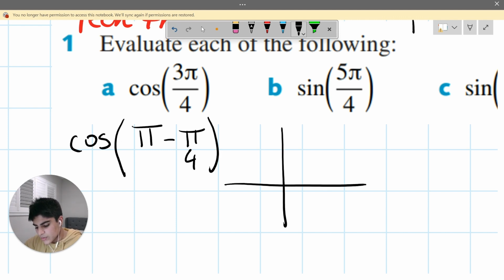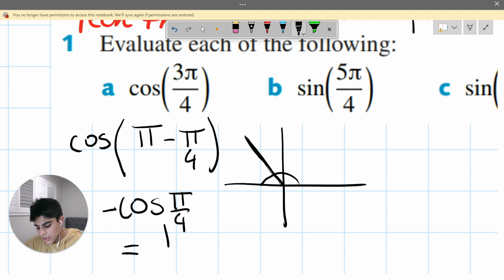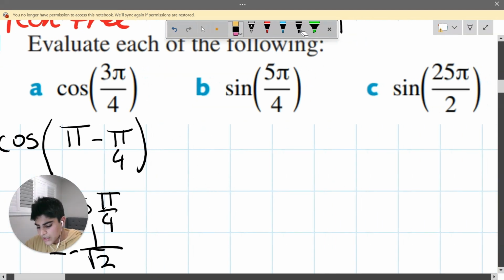To evaluate this, we need to find the exact value. Cosine pi is this. And if we subtract it, we're in the second quadrant. So the exact value is the same as negative cosine pi on 4, which equals negative 1 over root 2.